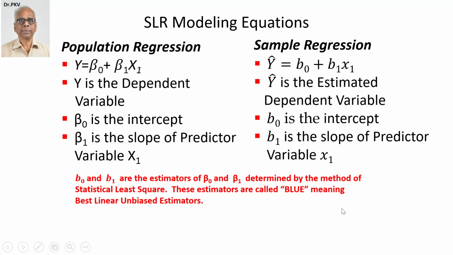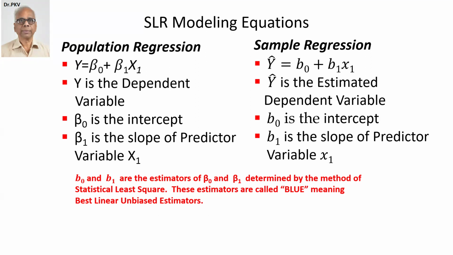They are the best under the class of estimators possible. Sometimes we use the term estimate. Estimate is a particular value of estimator. If we have a sample data set and we find out B0 and B1, they are estimates, meaning particular values of estimators. There is a small line of difference only.